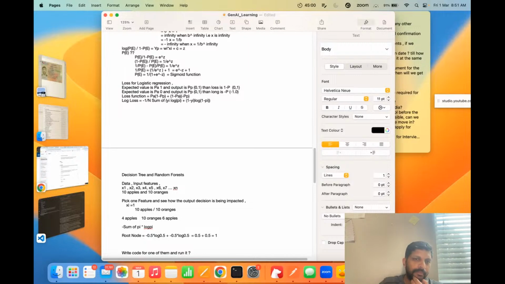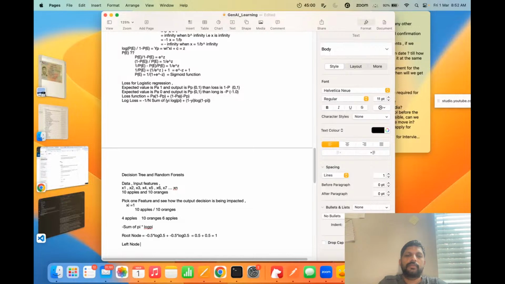Now coming down, let's take each of them separately. If there are 4 apples, what is your log loss? The prediction with respect to oranges is 0 by 4, which is 0.